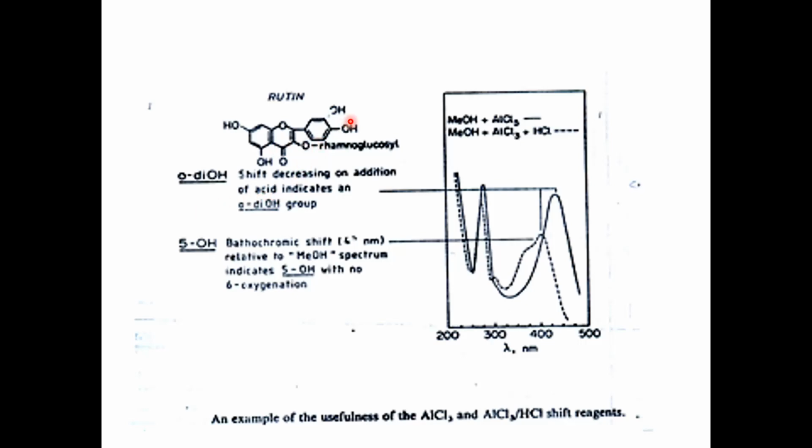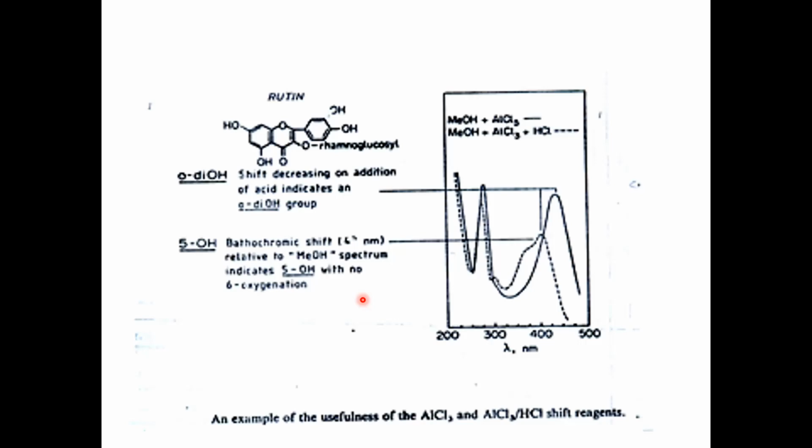The presence of also the ortho dihydroxyl system can be concluded by shift with, for example, sodium acetate and boric acid, or the decrease in the shift of aluminum chloride after addition of HCl.